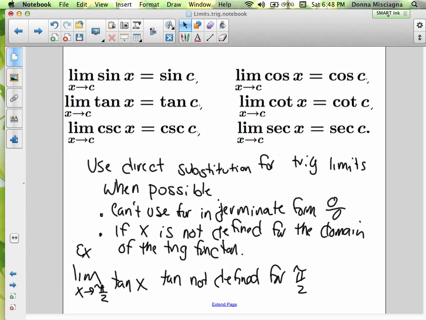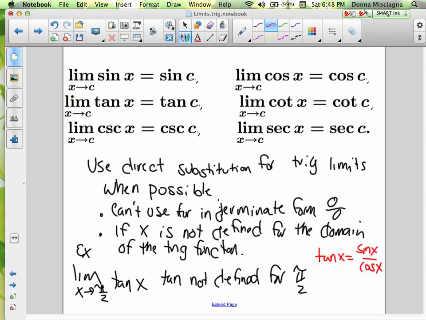So for example, if we wanted to find the limit of tangent x as x approaches pi halves, well, tangent's not defined for pi halves. Remember, tangent is equal to sine x over cosine x. And at pi halves, cosine x is 0.